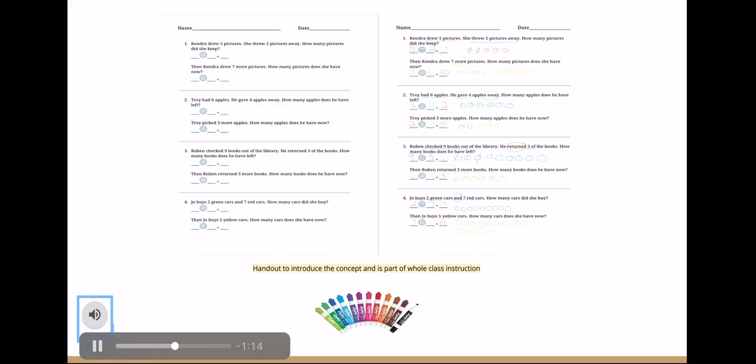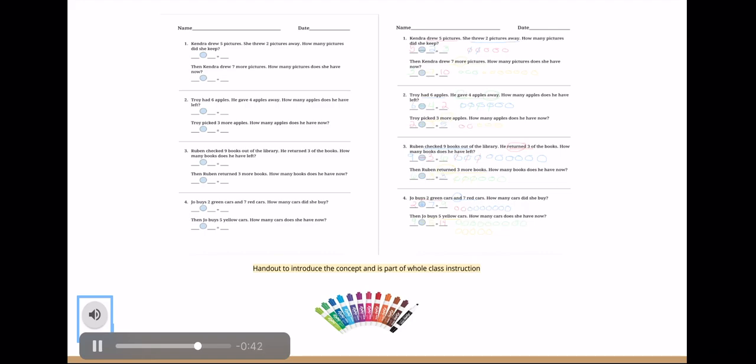Then there's another section to the word problem: Kendra drew 7 more pictures. How many pictures does she have now? So we draw the original 3 that was left over after we did the subtraction problem. Then we draw the 3 little circles in the green color. In the sentence, we underline the key part, "7 more pictures," and one of the key words being "more," which means addition.